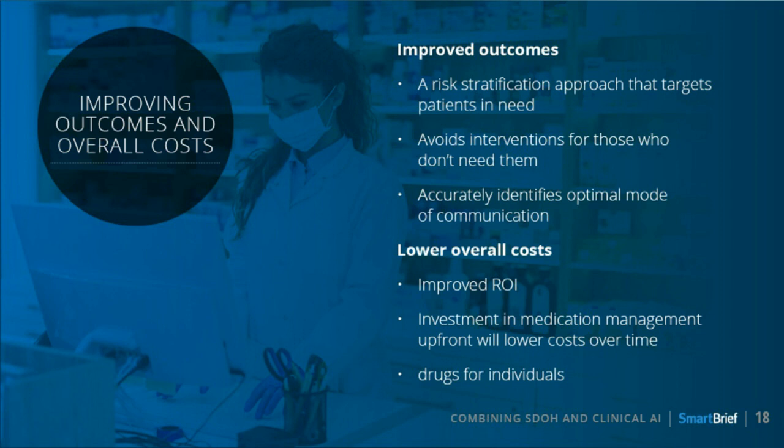If Mrs. Patel wants her follow-up care plan mailed to her, we know that. So we have all that data right at our fingertips to make the most meaningful intervention. That's really helping us improve our outcomes, meeting the member where they're at, and risk stratifying who is never going to talk to us and who is most likely to respond in any of those different modes of communication.